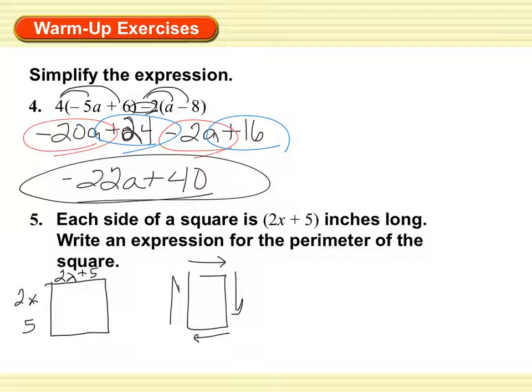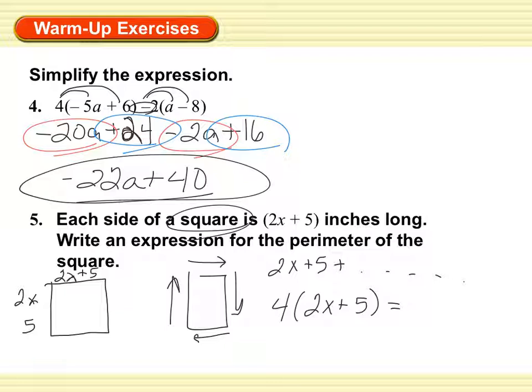Okay, it's the length of each side added together, or 2 times the length plus 2 times the width, or 4 times one side. Since it's a square, we can add 2x plus 5 4 times, or we can do 4 times 2x plus 5. That gives me 8x plus 20 inches.